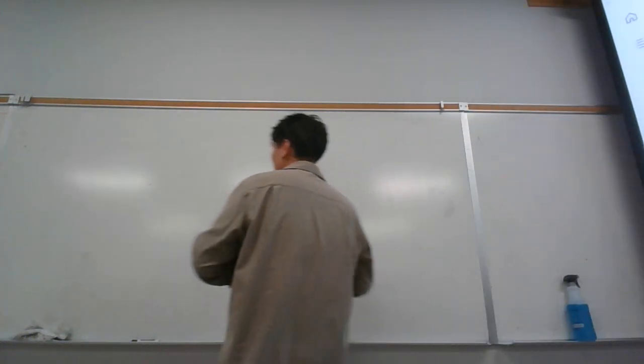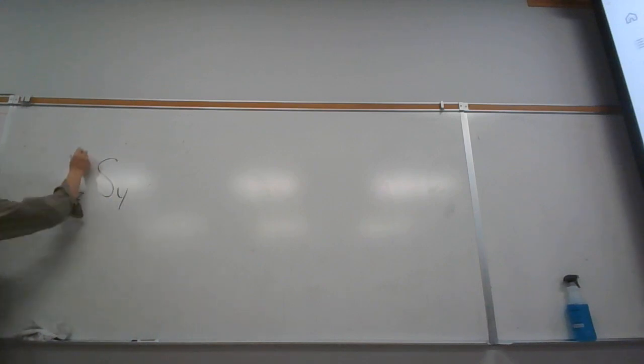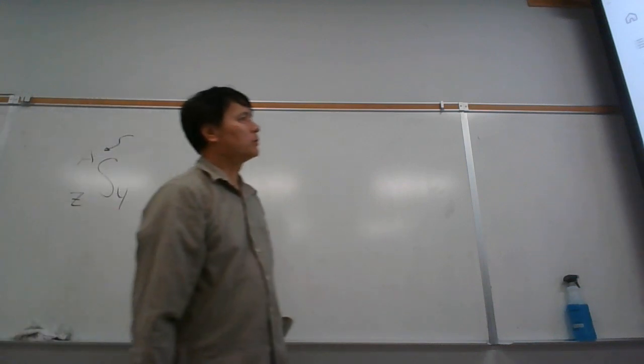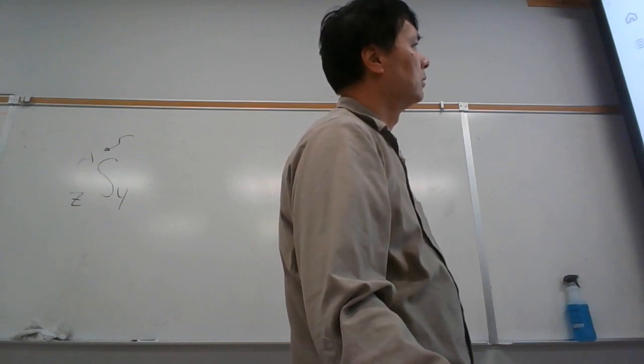For instance, for arsenic, protons, it has 33 to the power of A. What does that mean? Where do you see that? Number 25, the answer key. For which element? Arsenic.